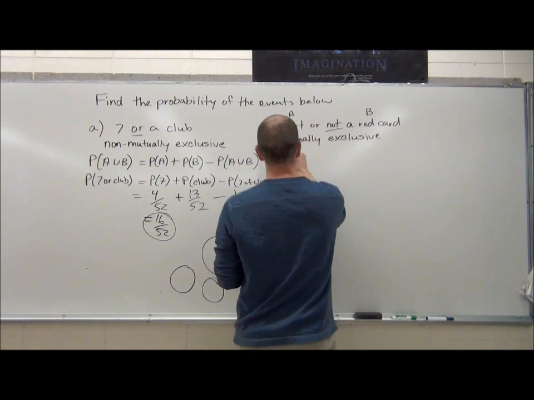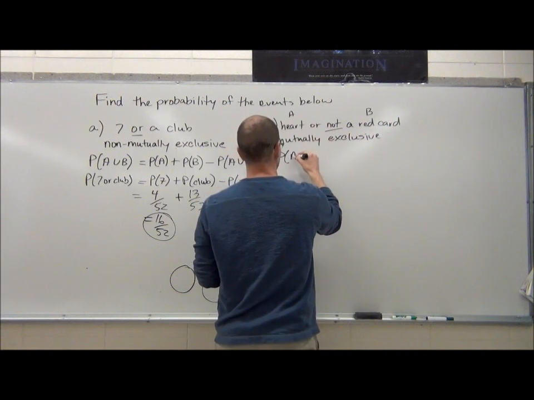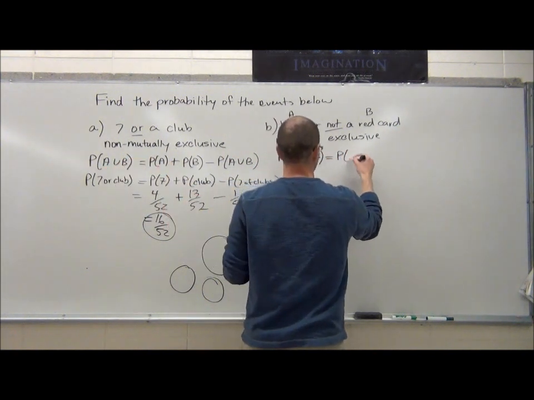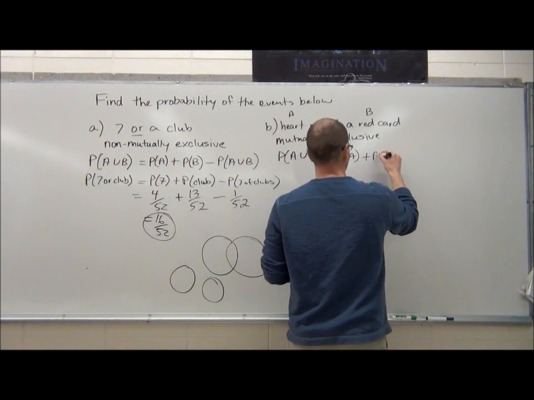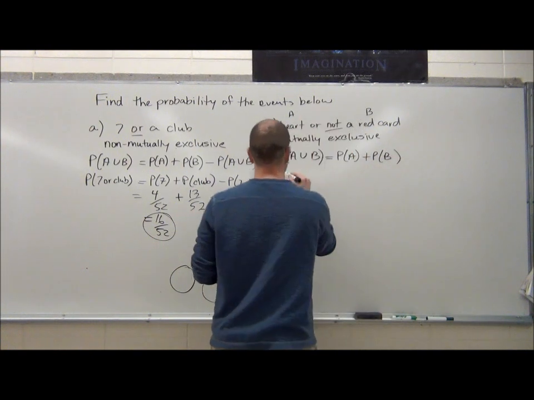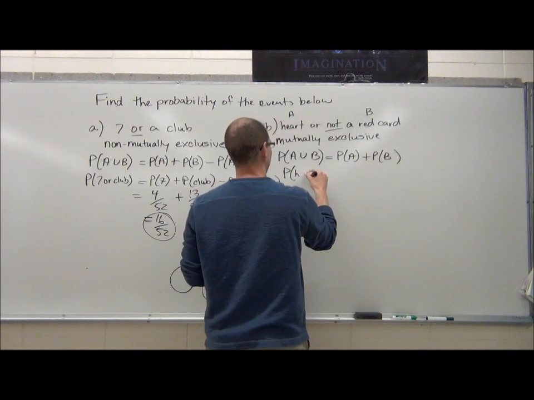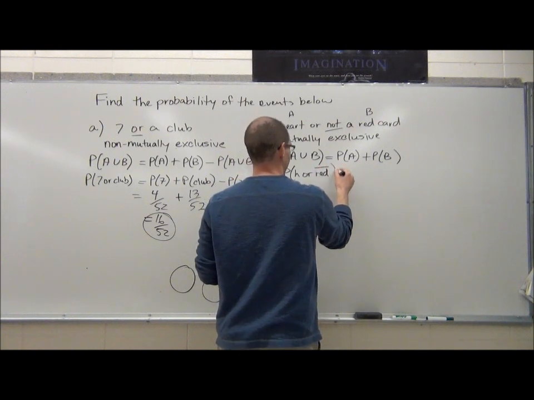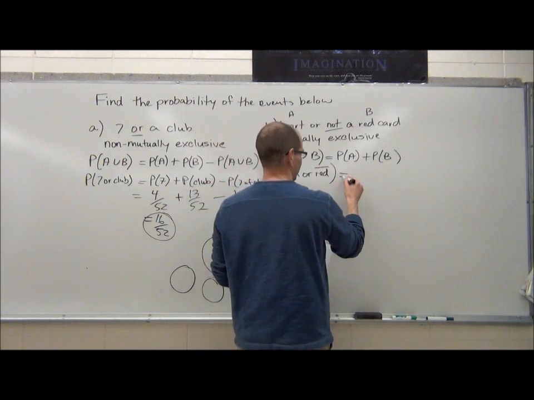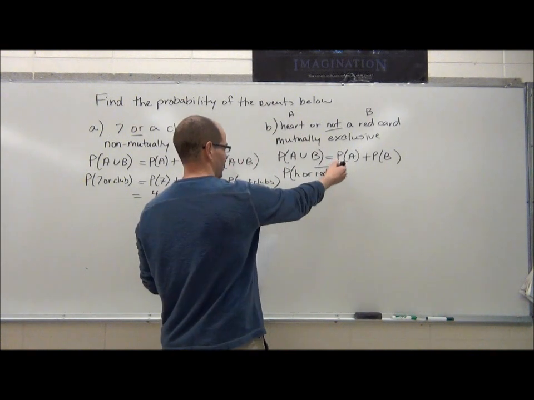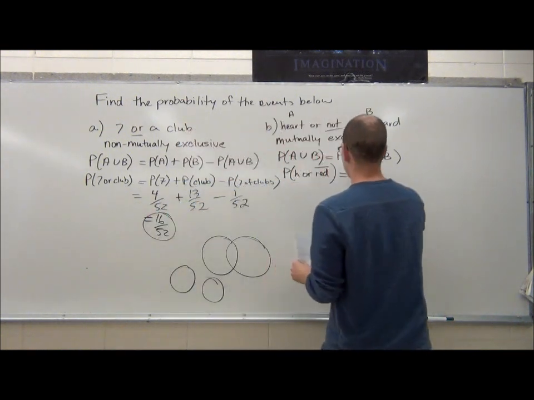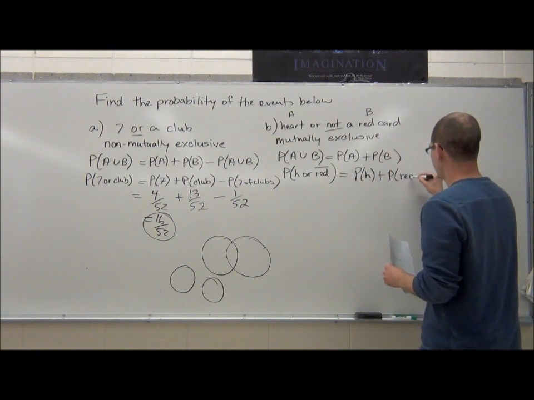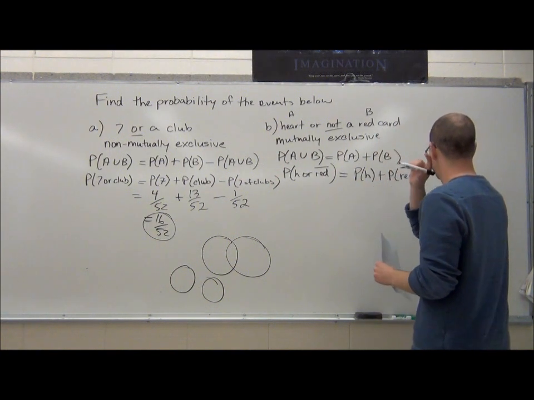So here, I'm going to use a different formula from my formula sheet, which is basically the one we used over here, but we're not taking out the overlap because there is none. So we've got the probability of a heart, or red with a line over top. Remember, that means complement. One of the ways to write complement, the other one's the tick. That's going to be the probability of a heart plus the probability of getting not a red.